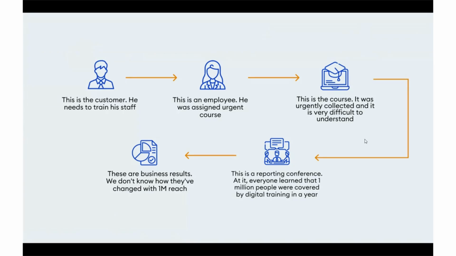We don't know how digital learning has changed these business results because so many employees have passed these courses. So, unfortunately, such a picture can occur in any company. Such stories can be found in large corporations, but they can also happen in companies where training specialists work very closely with the business and employees.